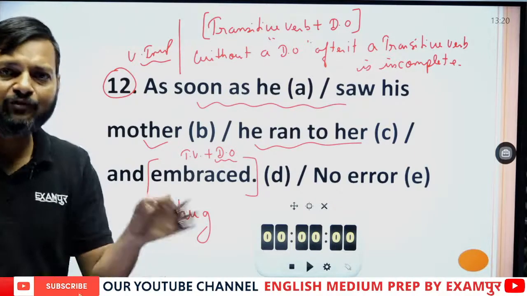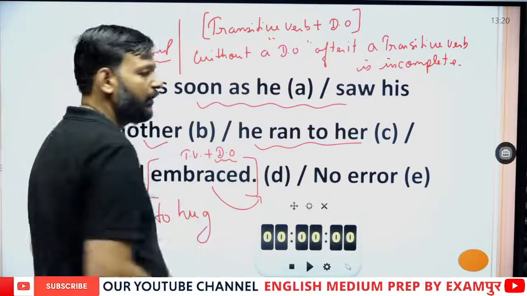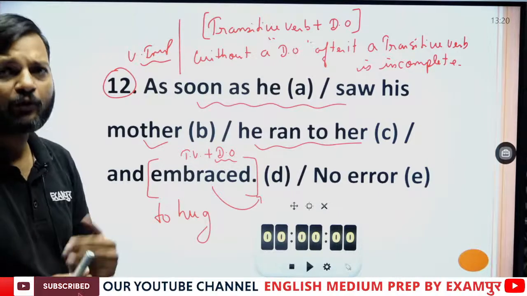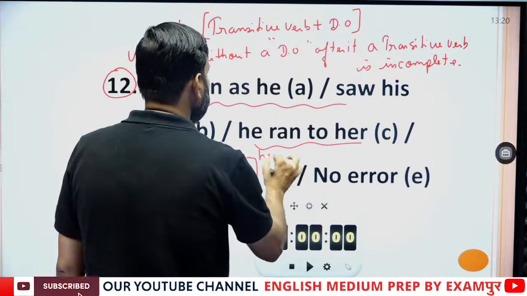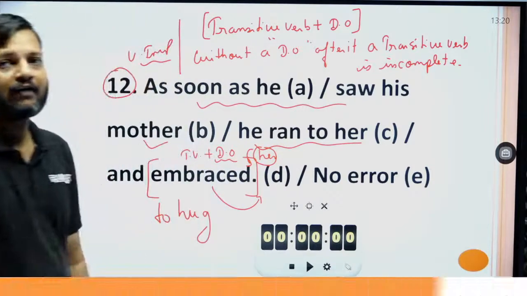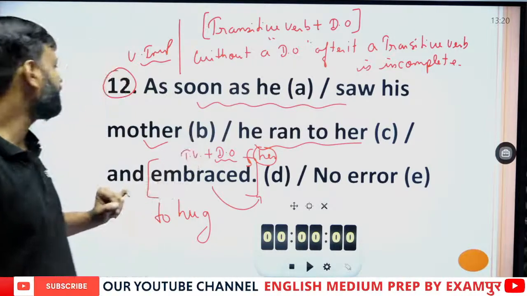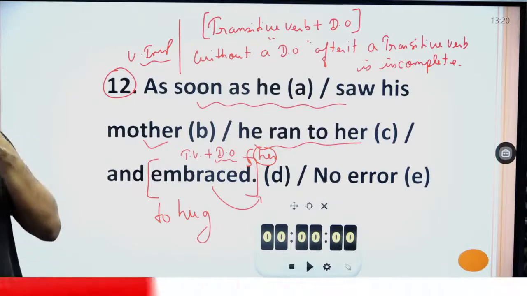He embraced his mother. And the pronoun of his mother would be her. So he embraced her. We need to add her after embraced. So the sentence would be, as soon as he saw his mother, he ran to her and embraced her. Okay.